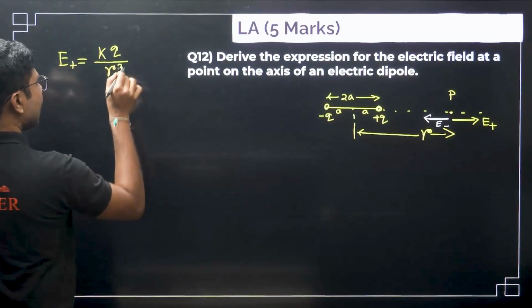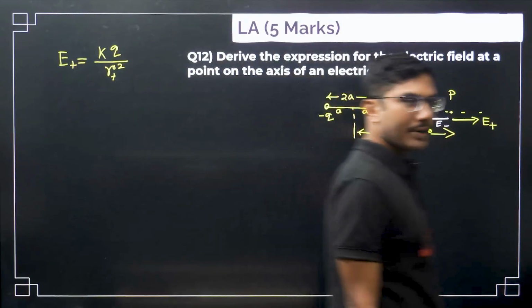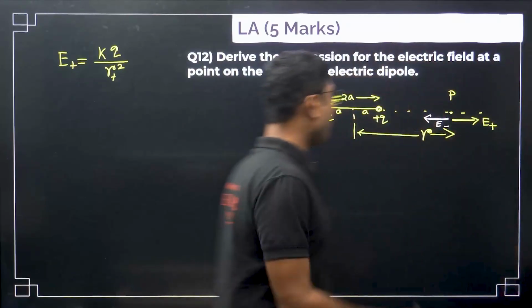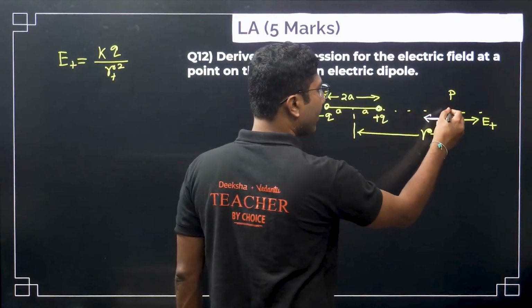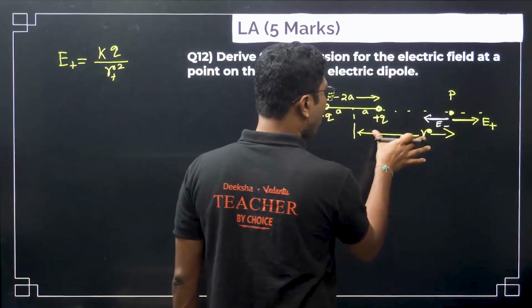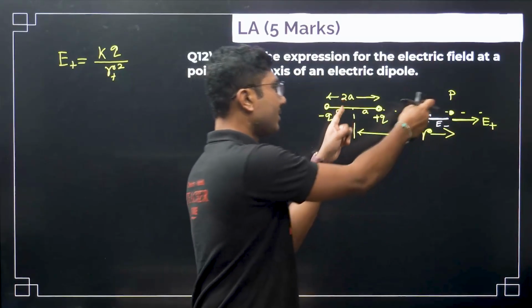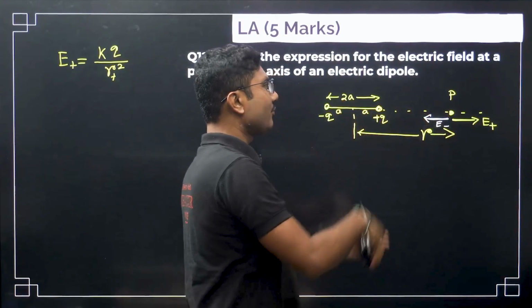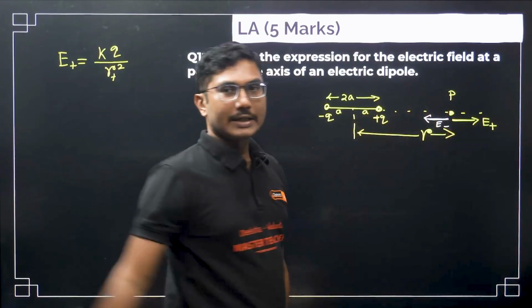Now in this case, R plus square. Why am I writing R plus square? Because the distance from the plus charge to our point of observation is not this R. R is measured from the center. So what is the distance from the plus charge to this point? That distance is what is important.